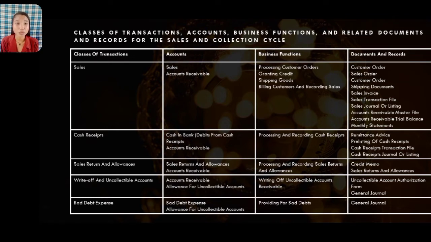For cash receipts, we have the remittance advice, cash receipts transaction file, and cash receipts journal or listing. For sales returns and allowances, we have the credit memo. For write-off, we have the uncollectible account authorization form and the general journal. And for bad debts, we have the record in the general journal.